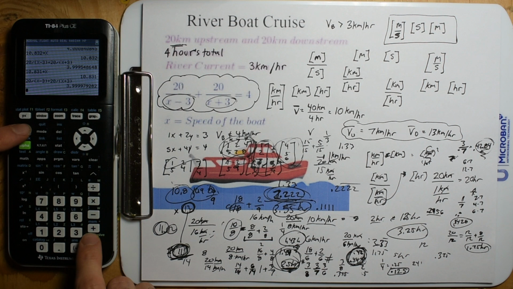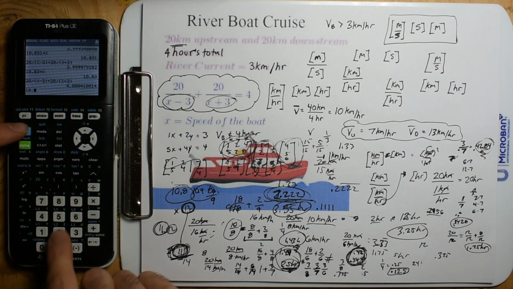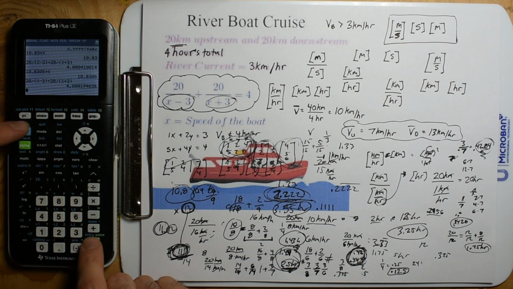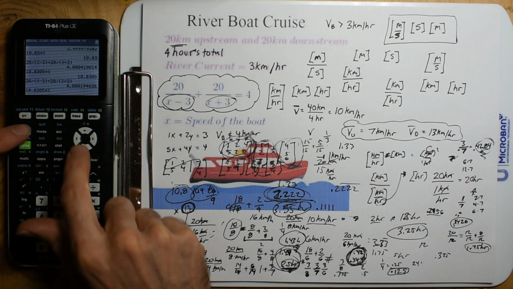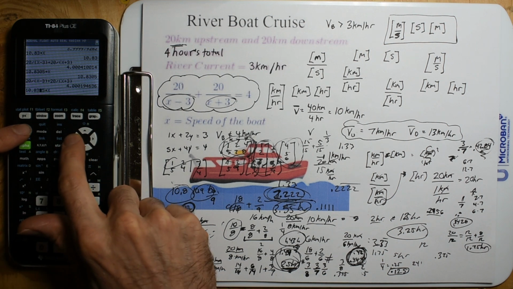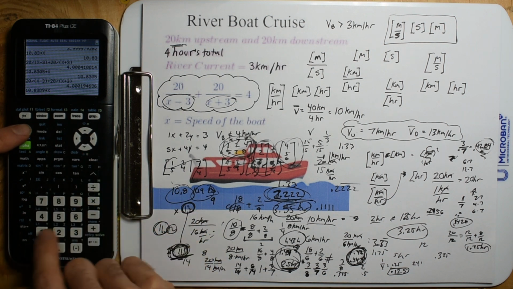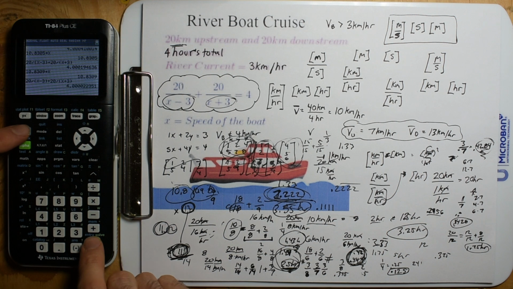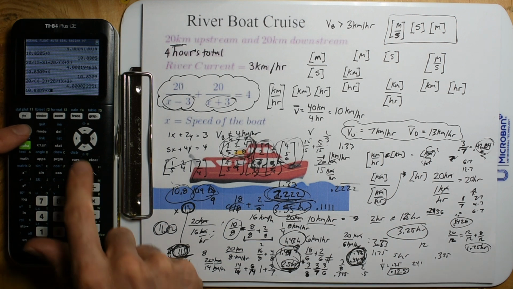So that was still too fast. 10.83 stored as x. Okay, that's too slow. So 10.8305 stored as x. Okay, so that is too slow. So we're going to go 10.831, stored as x. Okay, so that's too slow.